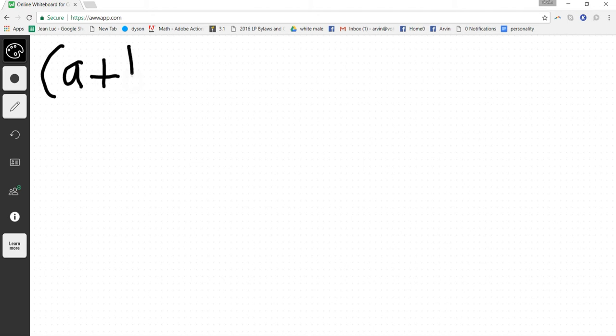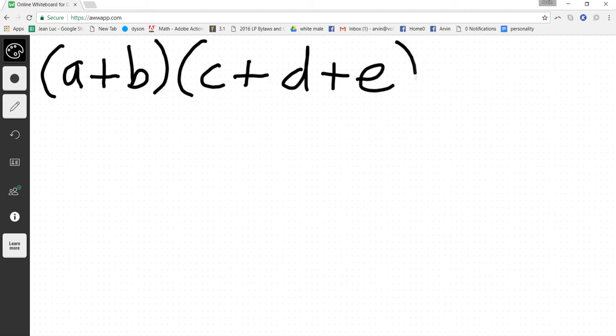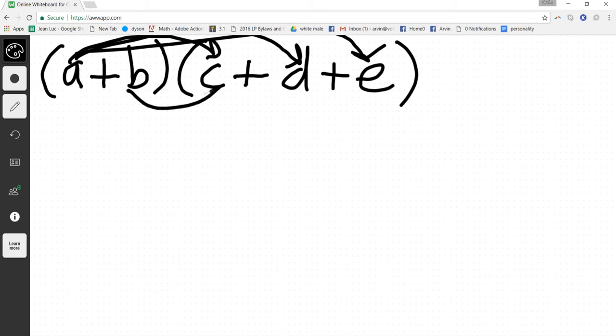Suppose we have A plus B times C plus D plus E. Again, I'm going to do A times each of these, and then I'm going to do B times each of these. A gets multiplied by each thing in the other set of parentheses, B also gets multiplied by each thing in the other set of parentheses.